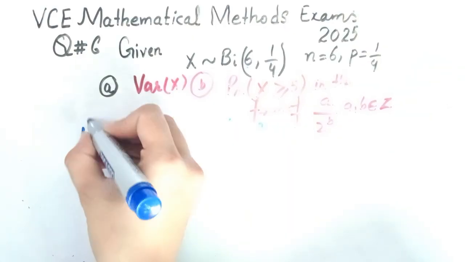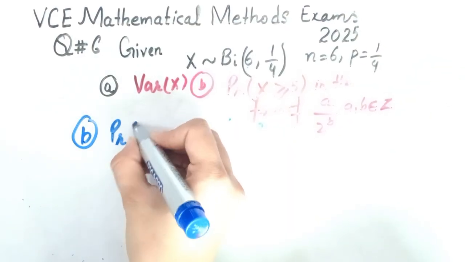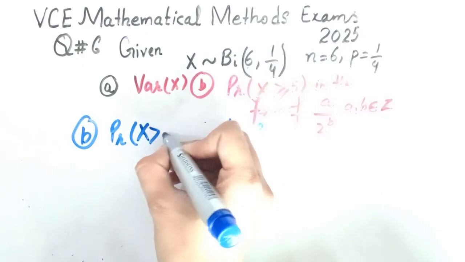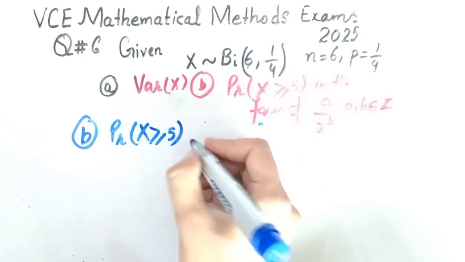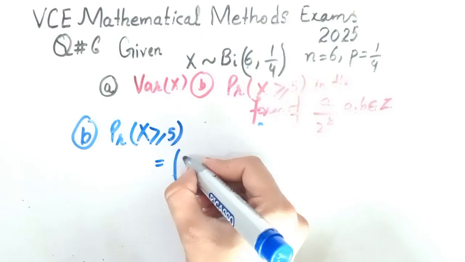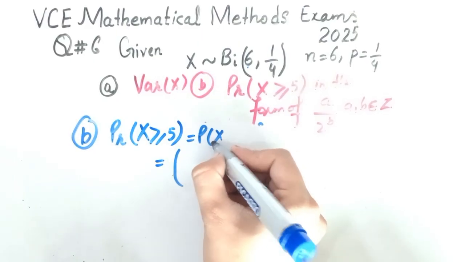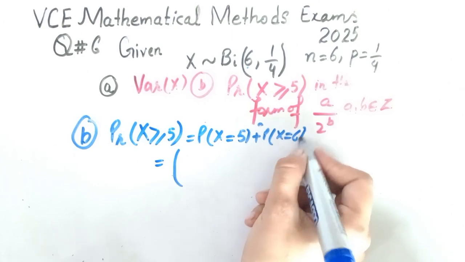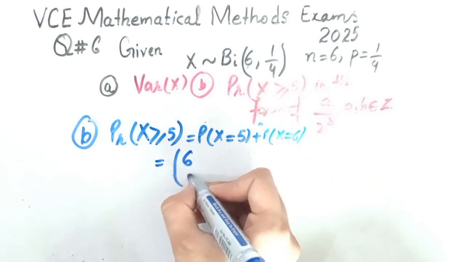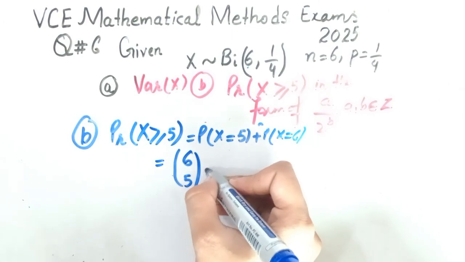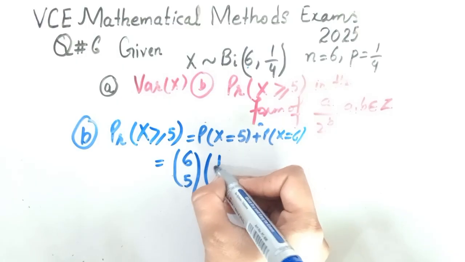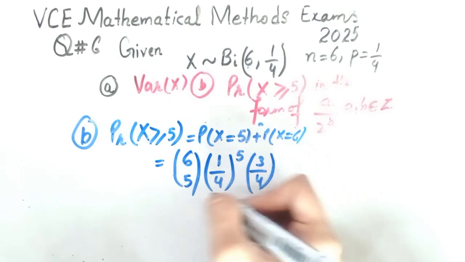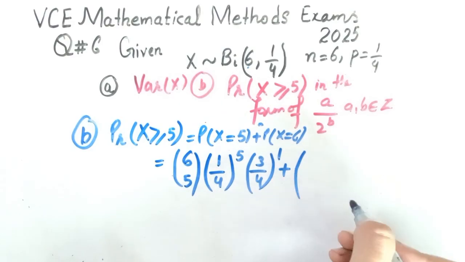For the b part, again write the formula of probability. For x greater than or equal to 5, this will equal the probability at x equals 5 plus the probability of x equals 6. So it will become 6 choose 5, 1 by 4 power 5, and 3 by 4 power 6 minus 5, which is 1.